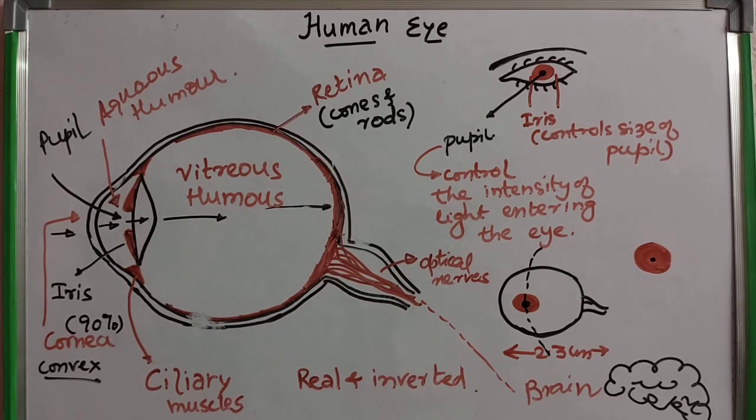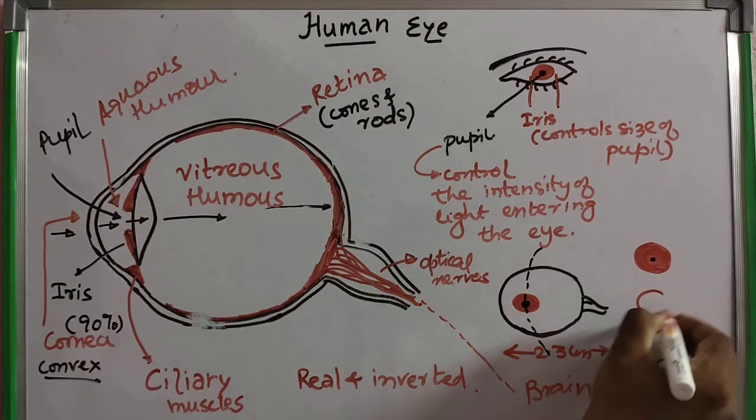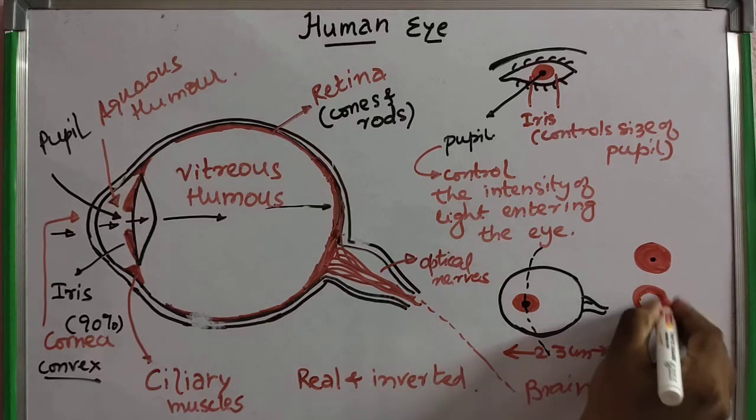And as soon as you come to a dark room or inside your house, very little light is entering your eye, so you cannot see. Then the iris will take some time to expand the size of the pupil. This is my iris.